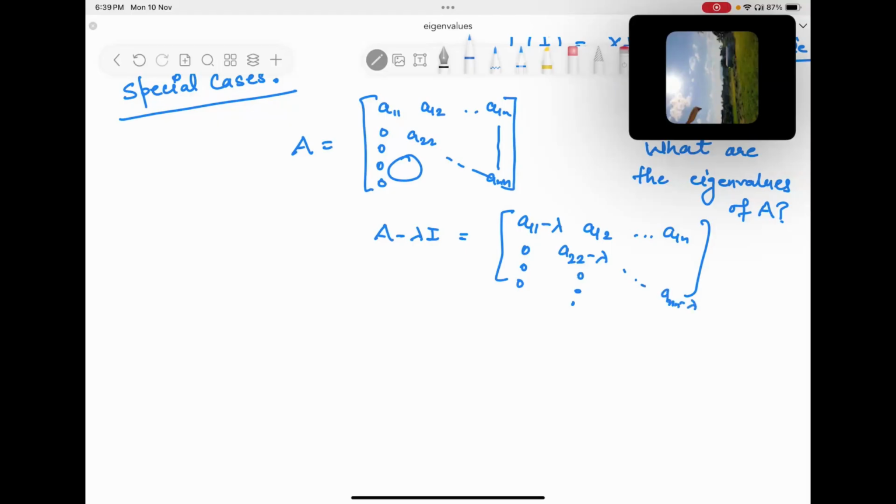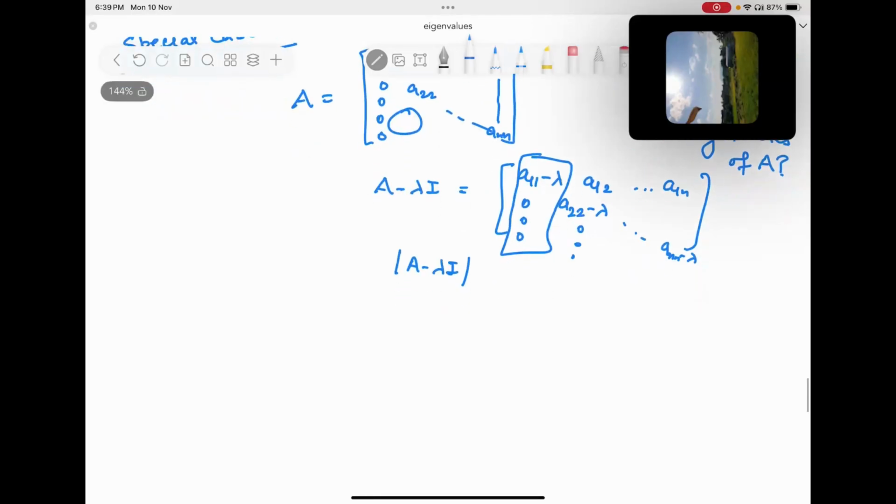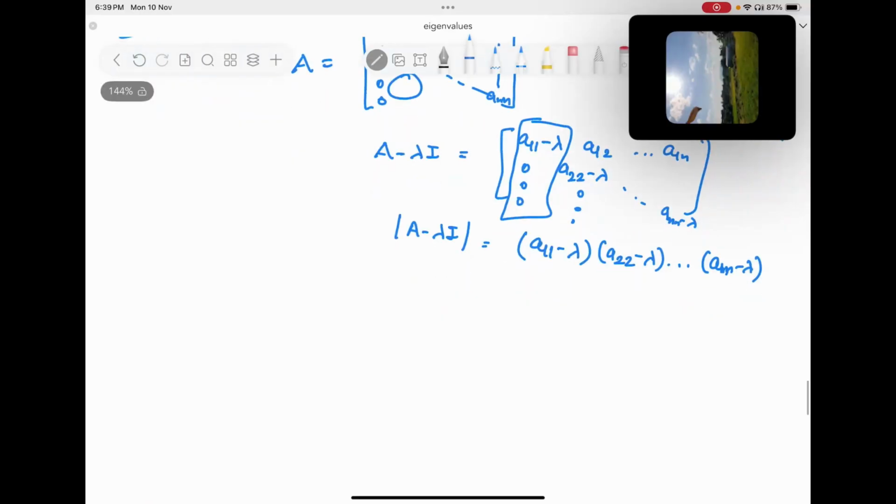If you find the determinant of this matrix along the first column, it will be a11 minus lambda times a22 minus lambda up to ann minus lambda. So this is your characteristic polynomial.